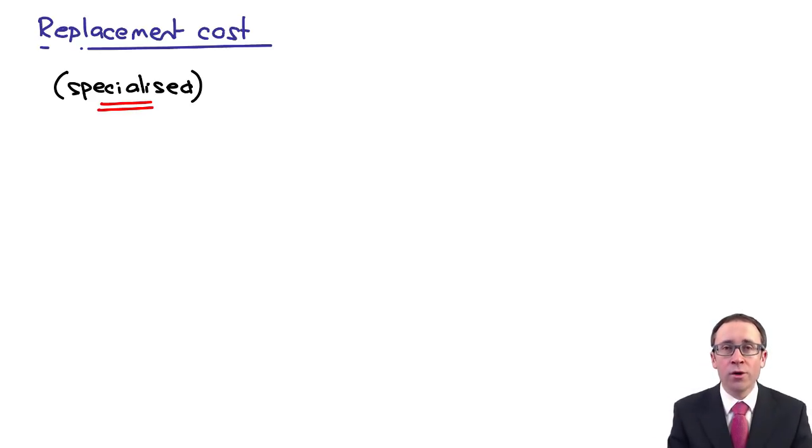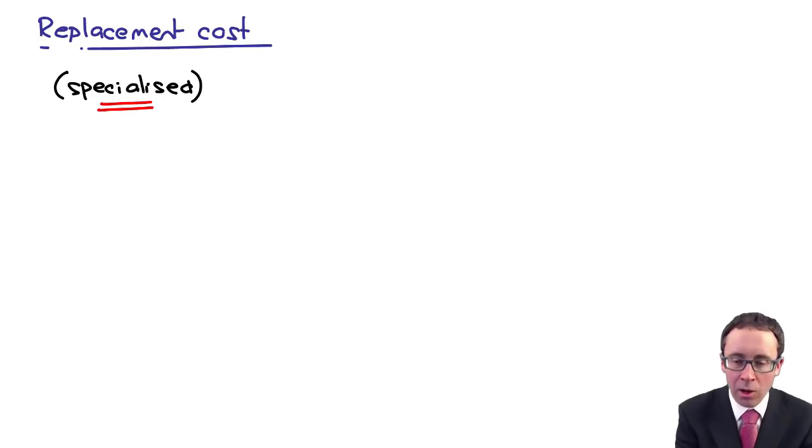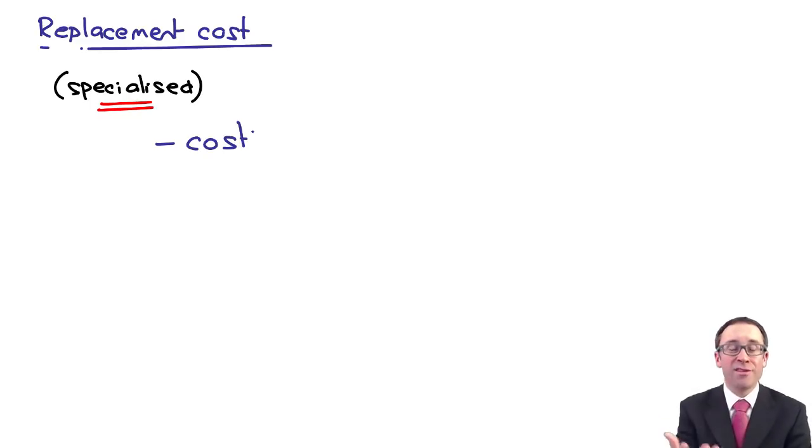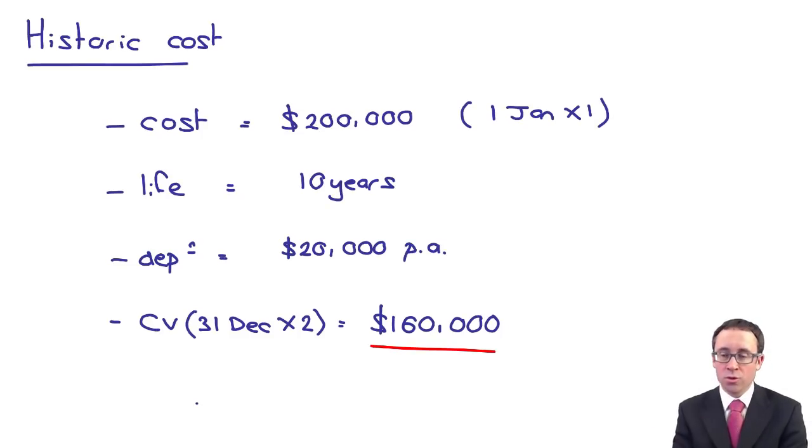So what we go through and do there is we look at what its cost would be today. If I was to manufacture or make that asset, then your cost previously under historic cost was 200,000 on the 1st of Jan X2.